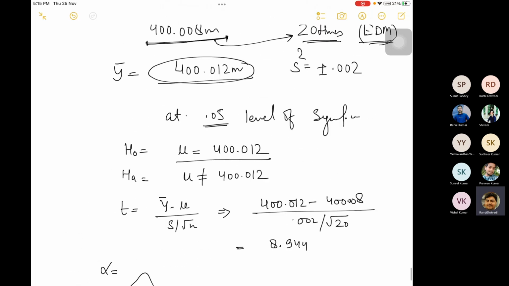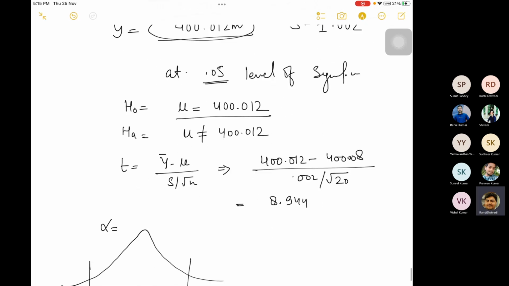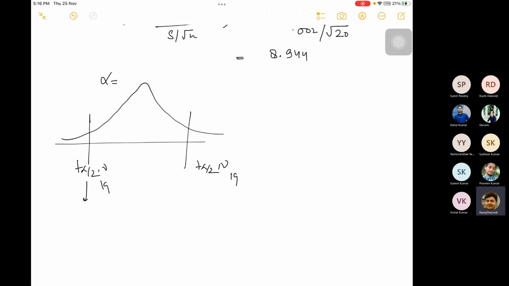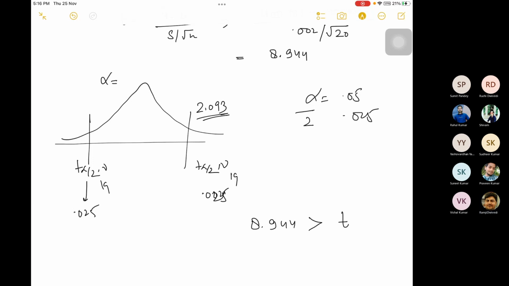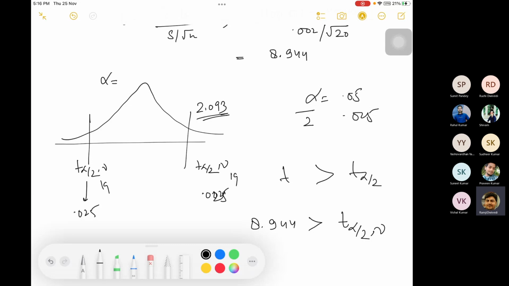So n minus 1, 20 minus 1, is 19. What will alpha by 2 be? 95% means 0.025. Alpha would be 0.05 and alpha by 2 would be 0.025. This value comes out as 2.093. That means your value of 8.944 is greater than this t alpha by 2 comma 19 value, that is, t is greater than t alpha by 2.